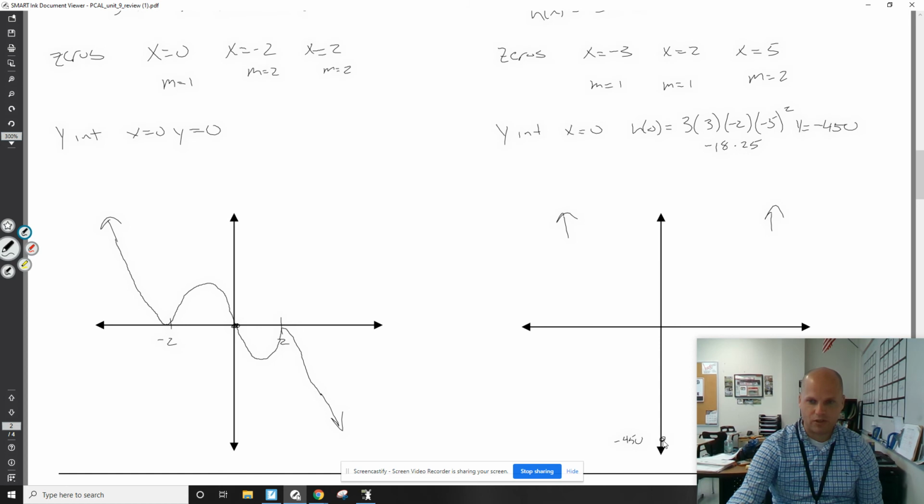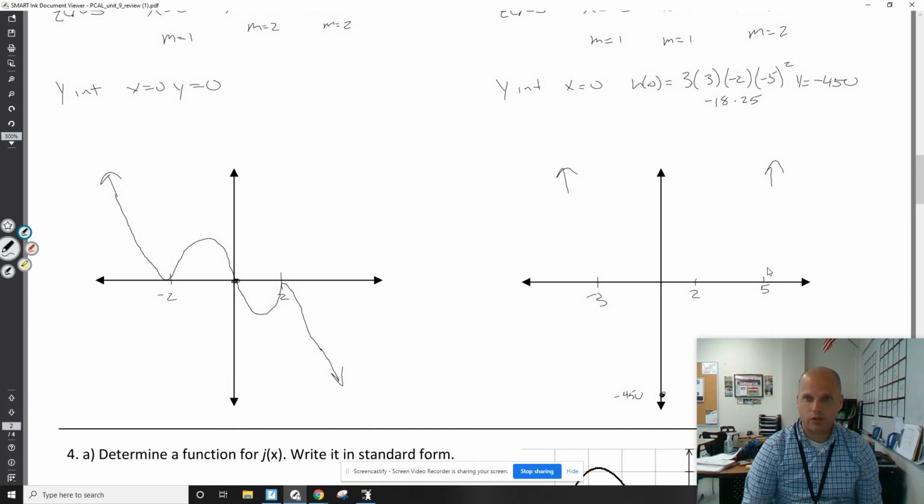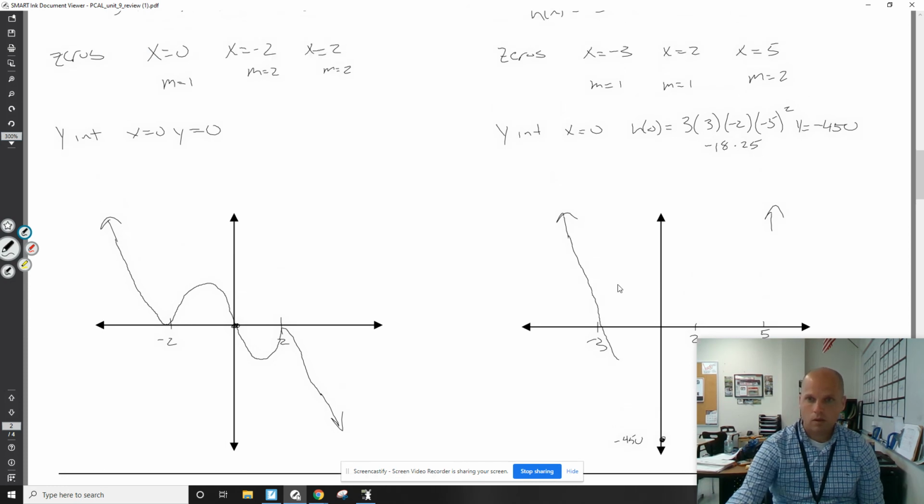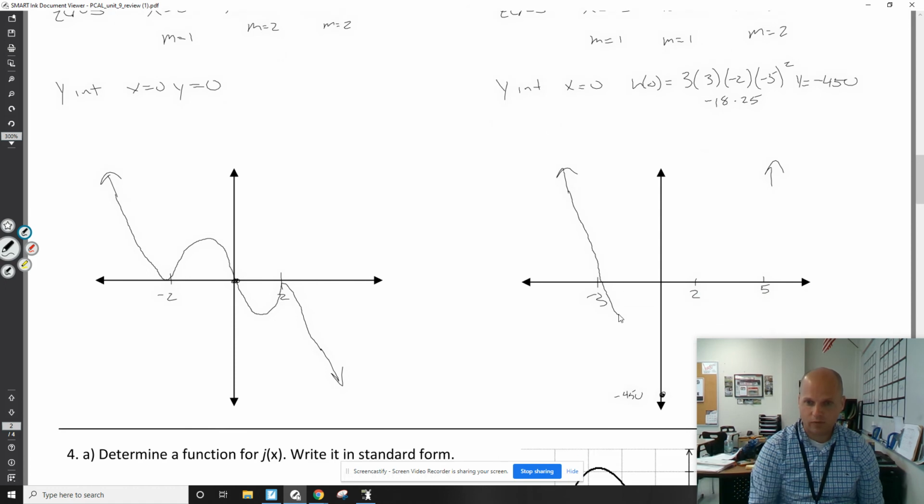All we expect you to do is find that y-intercept as that one extra point. Plot the zeros with their multiplicities. I got 1 at -3, 1 at 2, 1 at 5. We are going to pass through -3. Go all the way down to -450.